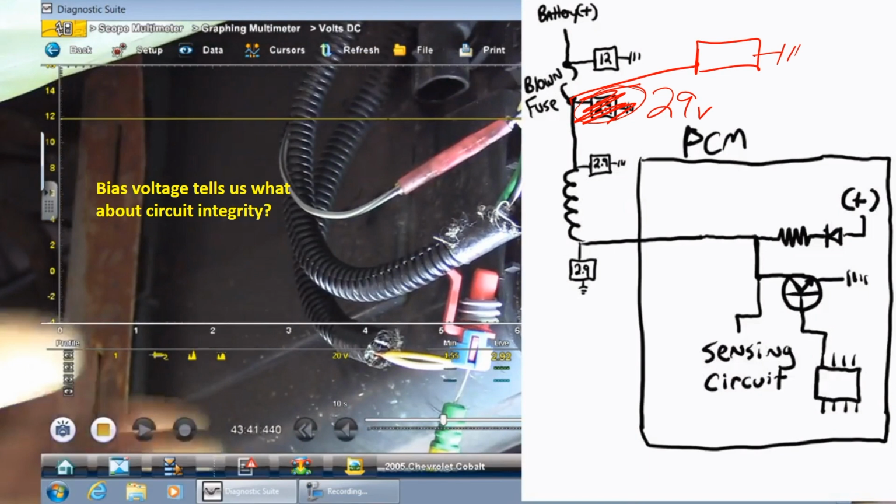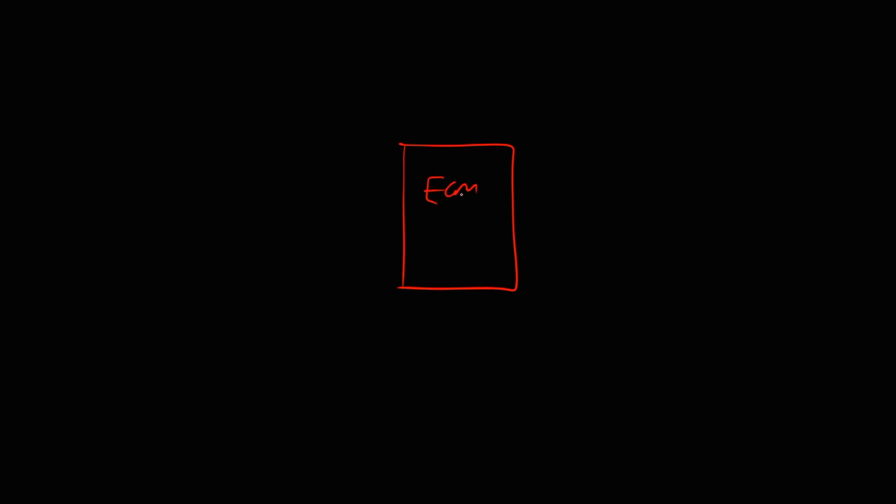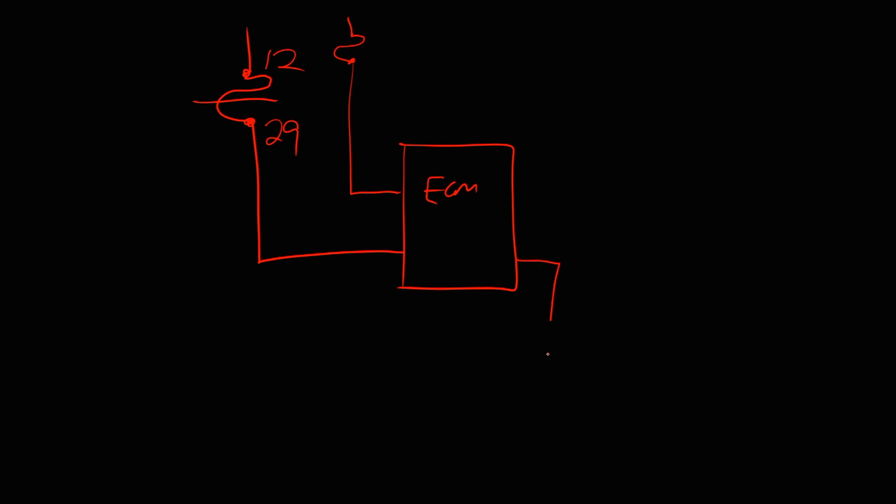This is my ECM, and this was a main power feed to the ECM. It was on a Ford. The fuse was blown, and this side read 12, and this side read 29. I had no comm with the ECM, and it had another power feed that was good. The ECM was also the TCM, and the TCM had a solenoid, the pressure control solenoid for the transmission.